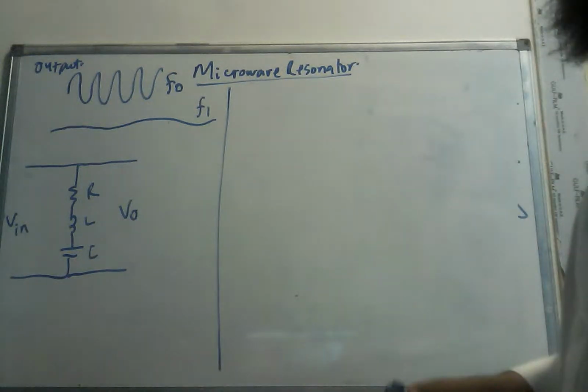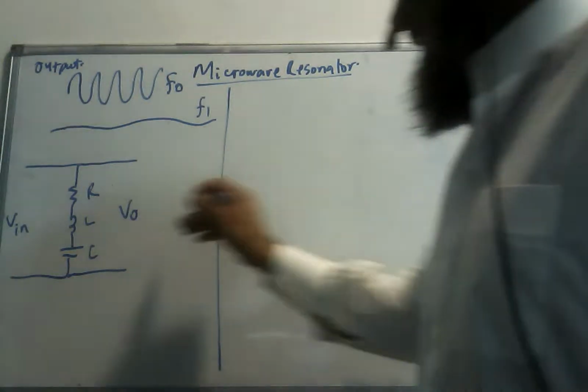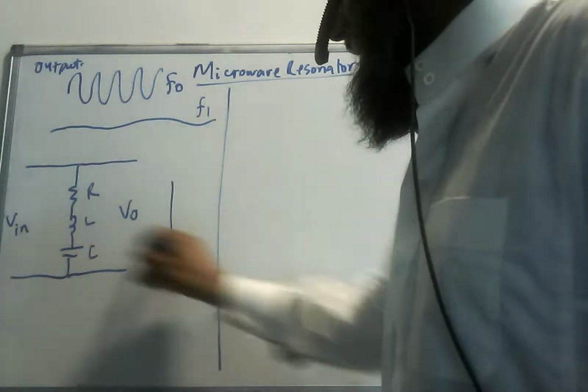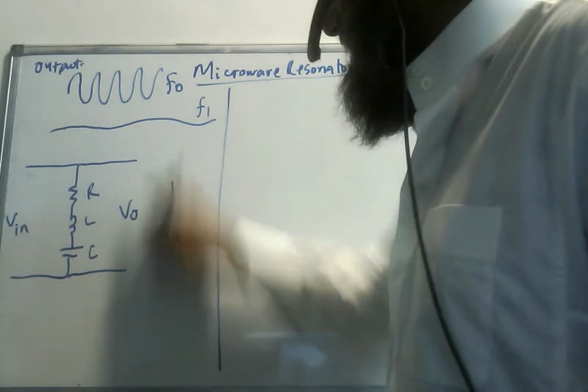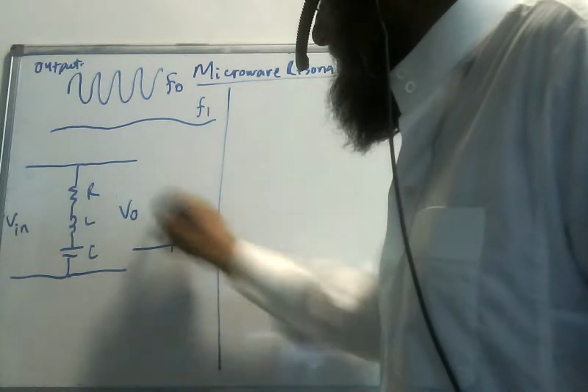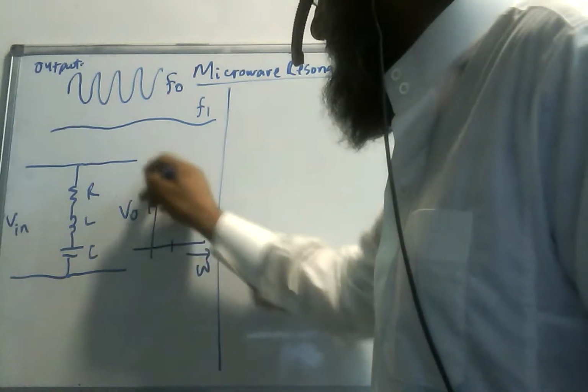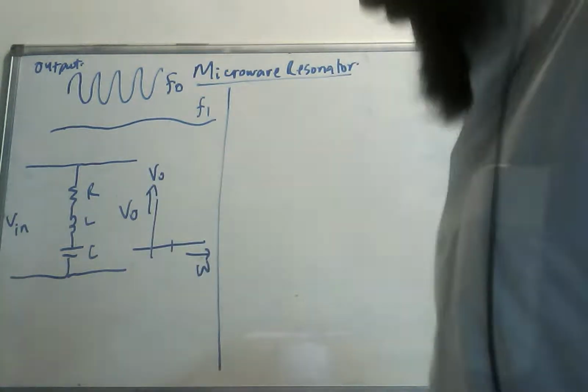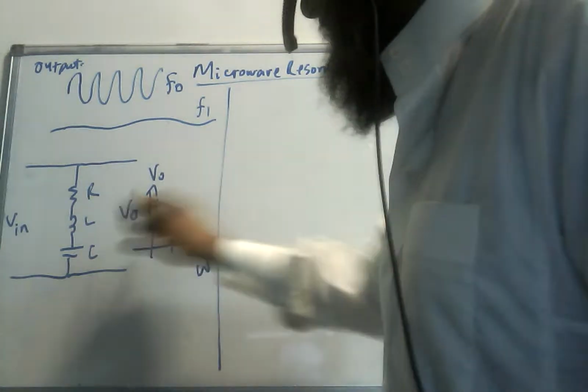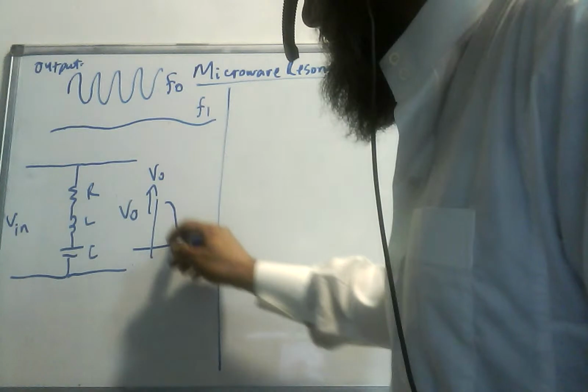Now, how will the frequency versus voltage look? If we have frequency, omega, here, and the output here, then for this circuit it will typically look like this.